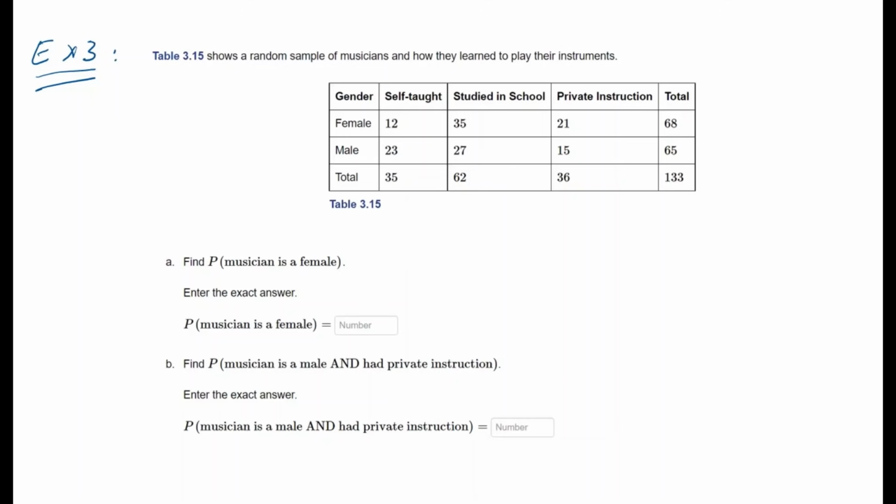So we add all the categories of females to get the total of females, which is already given to us as 68, while the total number of participants in the survey, both males and females, is 133. So if we divide 68 by 133, we get 0.511, which is the probability that a musician is a female.